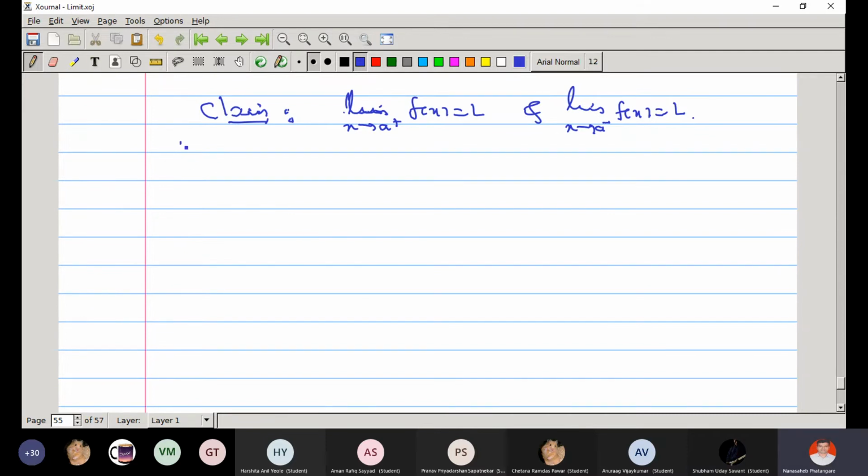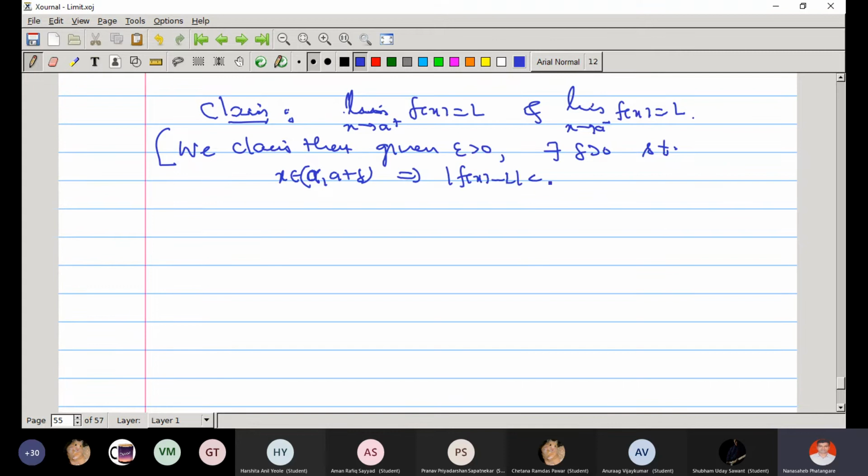So we claim that, okay, let me write the claim clearly. Given epsilon, there exists delta such that if x is in (a, a plus delta), then |f(x) minus L| is less than epsilon.